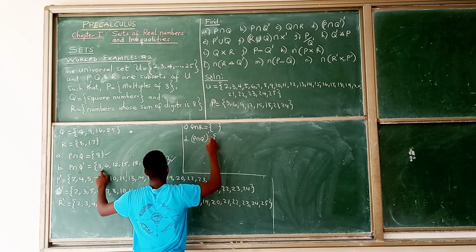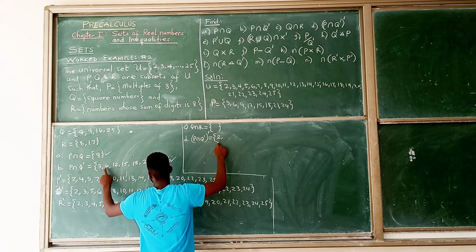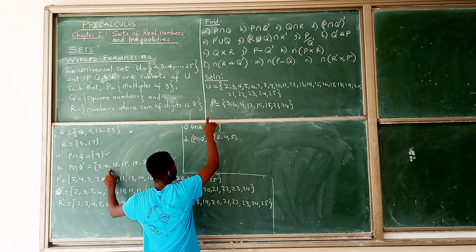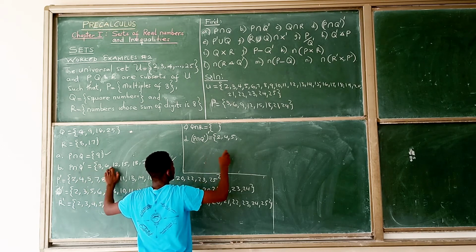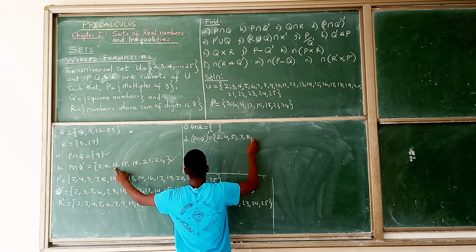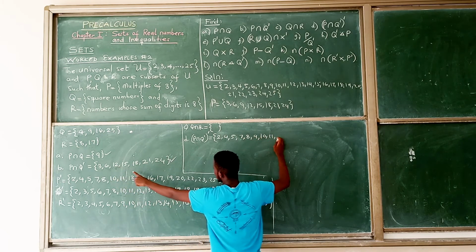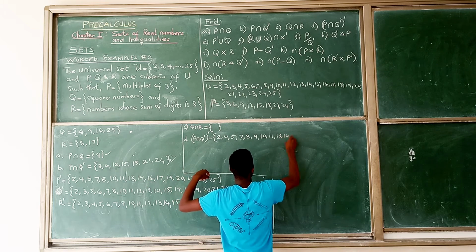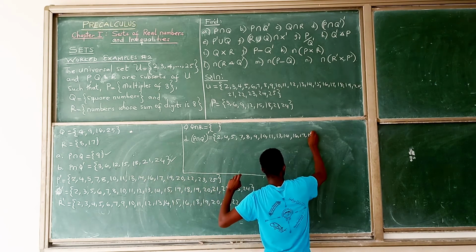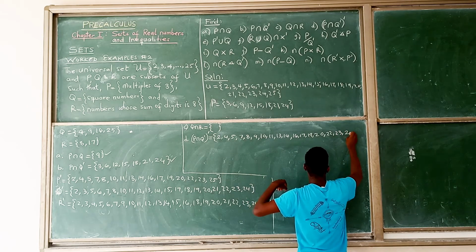The universal set has 2, and 2 is not here, so 2 is part of the complement. 3 is there, so it's not part of the complement. 4 is in U, 5 is in the universal set and is not in P intersect Q. 6 is here, so it's not part of the complement. 7, 8, 9, 10, 11, 12 is here, so it's not part of the complement. 13, 14, 15 is here, so move on. 16, 17, 18 is here, so move on. 19, 20, 21 is here, 22, 23, 24 is there, and 25.